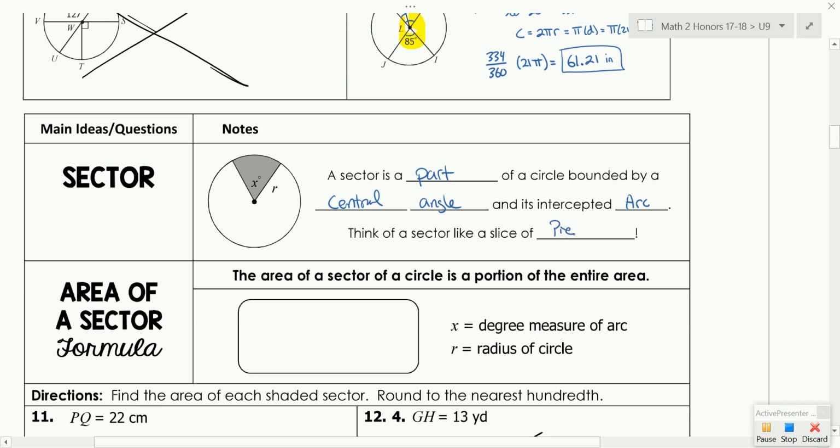Not PI, but PIE, okay? So in the same way, a sector is a fraction, so we're going to have that x over 360, but this time we're going to multiply it by the area of the full circle. So you're finding a fraction of that full area.